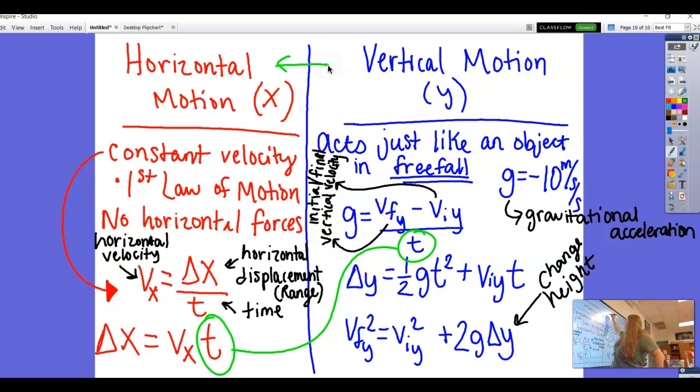Those are connected by time because time goes across everything. Now, I know this is a lot. Go ahead and write it down in your notes. We won't be using all of these equations, but it's good to understand that we have two sets of equations now to deal with these types of problems. Our vertical velocities can change, and our horizontal velocities can change.